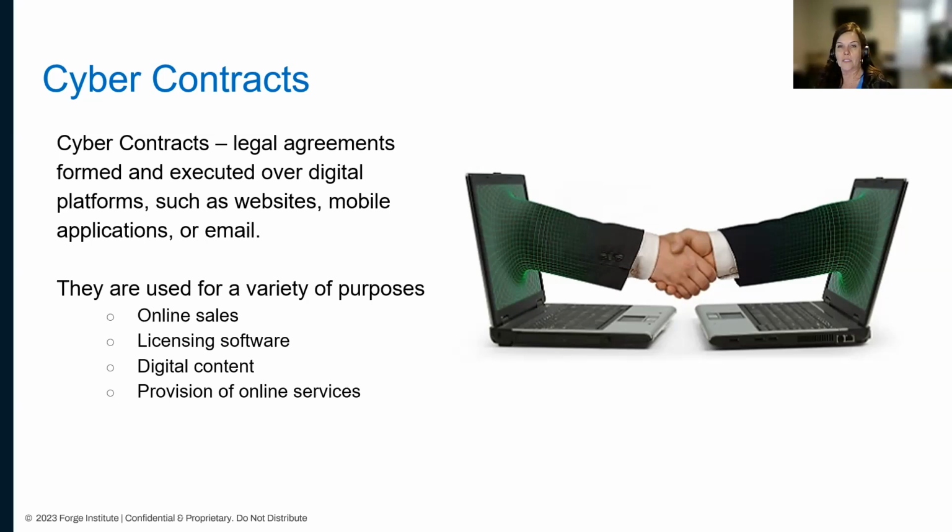So having these cyber contracts in place is very helpful and useful to businesses, where if something happens, when something happens, they have that legal agreement in place.